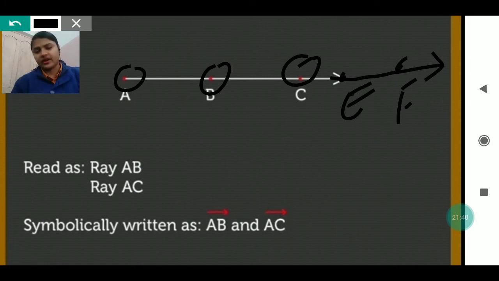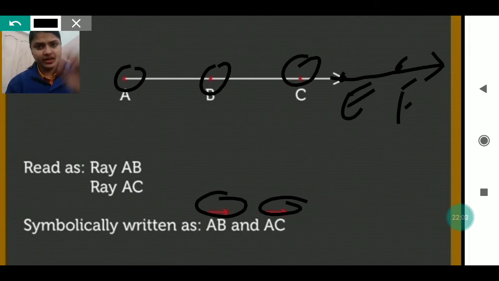This can be extended because it doesn't have any fixed length. The more it is extended, the more points you can put. Here AB is one ray, and BC is one ray. That can be denoted by putting this arrow upside of the points which we have written.